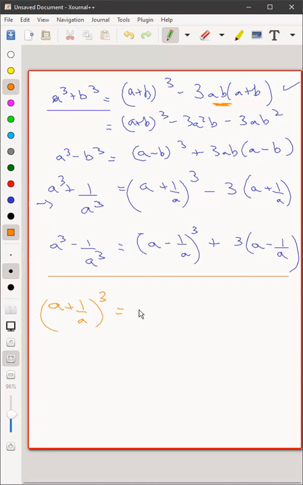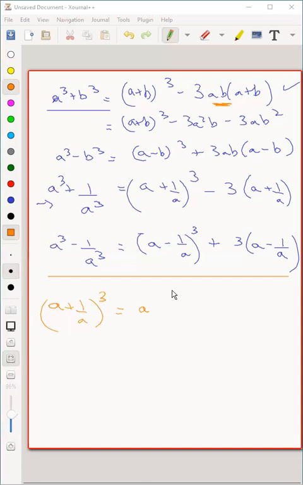It will be A plus 1 upon A the whole thing cube. Yeah. What is that equal to? Sarah, what happened? You did not revise what we did yesterday?